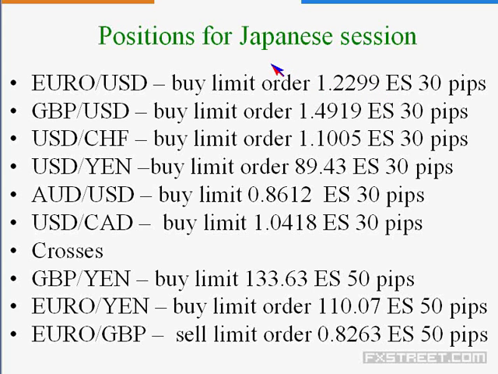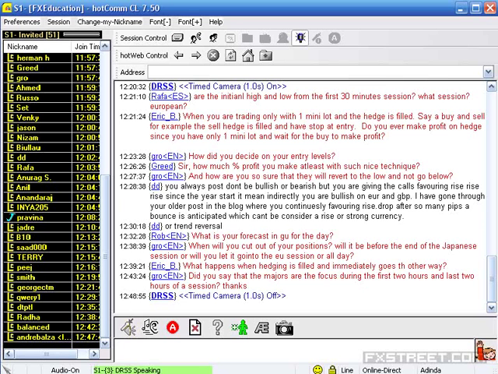Then subsequently I'll try to keep stop at entry once the position makes profit and show you during the US session how exactly the profit can be maximized. You can do the swing trade within the session because I am trying to take the positions towards close of the Japanese session. I will try to hold it till close of the European session and show you how exactly I am going to make money out of the trades.